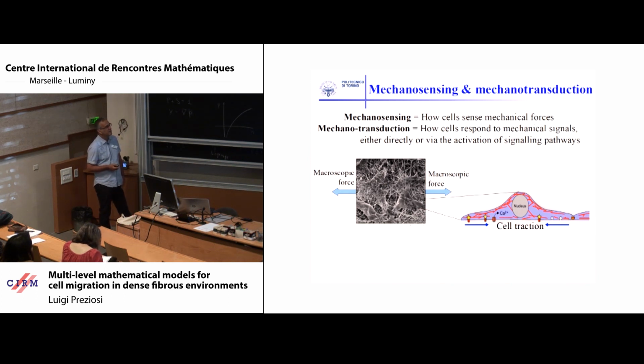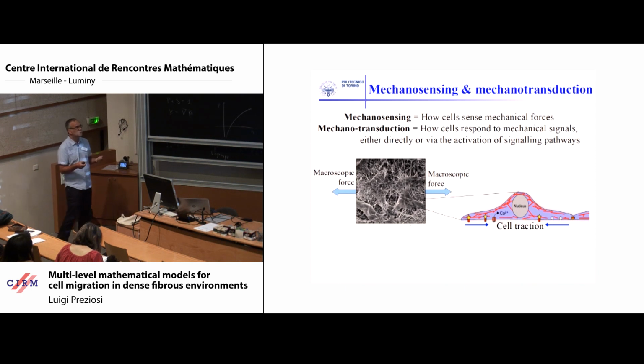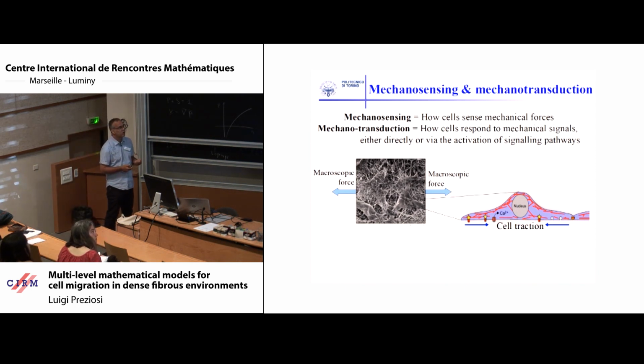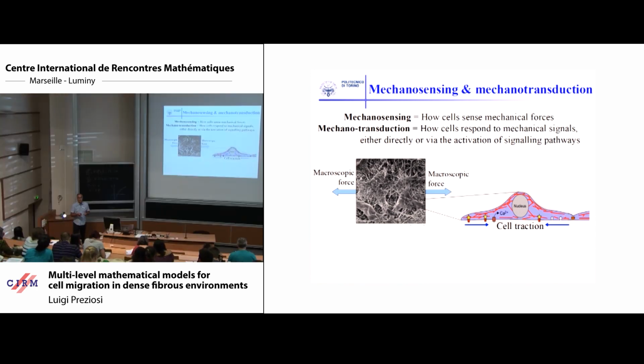For instance, if you have a bunch of cells like that in an extracellular matrix, and you apply a force, then this force interferes with some transmembrane molecule or channels, so that the ion channel will open up, and so you have more calcium inside the cell, and this will change the behavior of the cell.